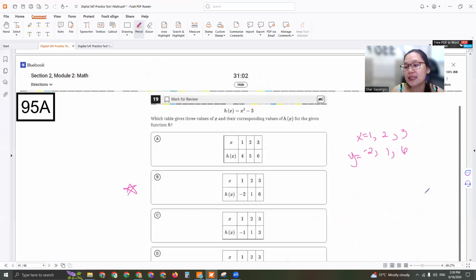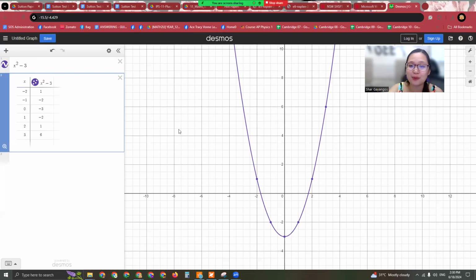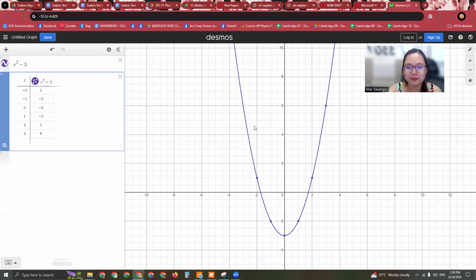And it's showing us the same set of values. Obviously, they are the same functions, so we're expecting the same values. And without even calculating and making sure that we avoid any arithmetic mistake, this is really a safe approach when solving this problem.